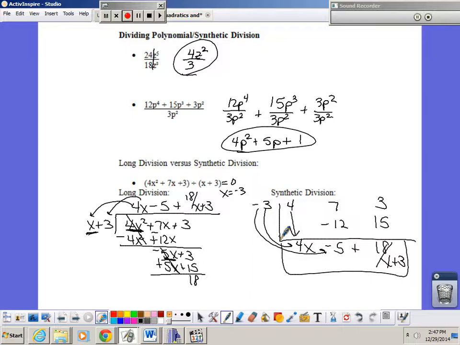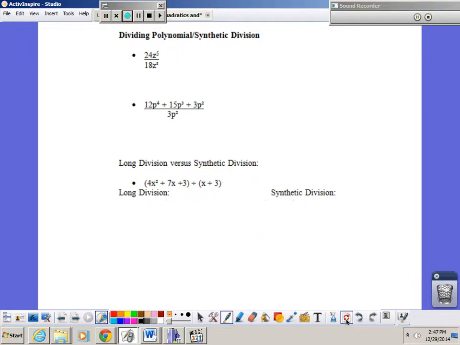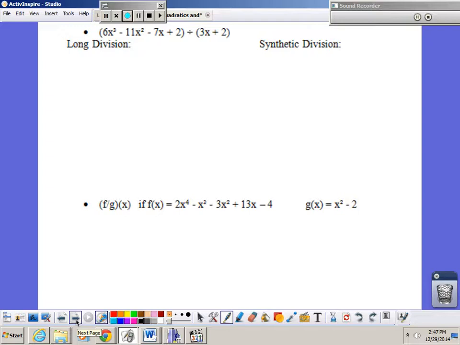And like I said, this should be a review for you if you took 051 or the previous course, and if you didn't, I'm hoping a quick review will help. So long division, dividend inside, divisor on the outside. Make this look like this. So 2x squared multiply, 6x cubed plus 4x squared.